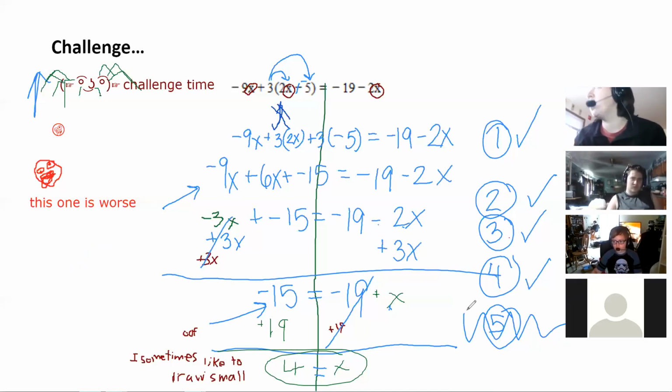Someone wrote that they did not get it, and I get that because there's a lot of steps. Now I'm going to ask for clarification.